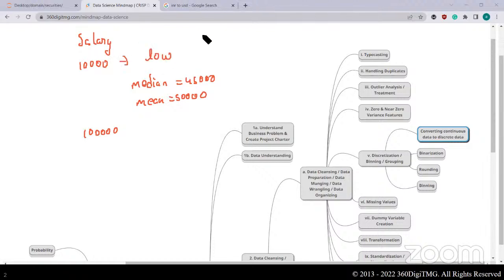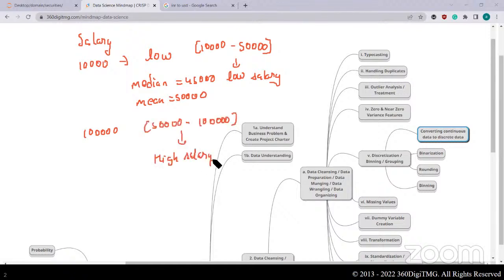You can define a range. Lowest value would be from 10,000 to 50,000. Make it low salary. From 50,000 to 1 lakh, make it high salary.